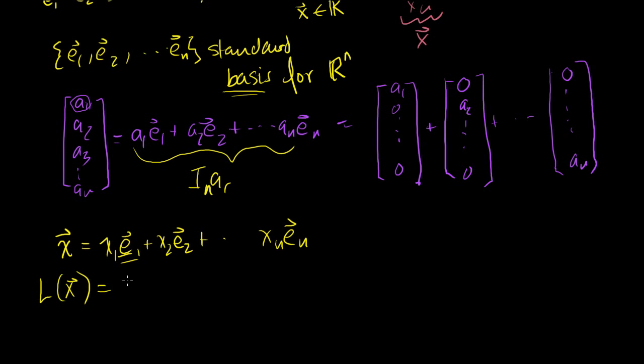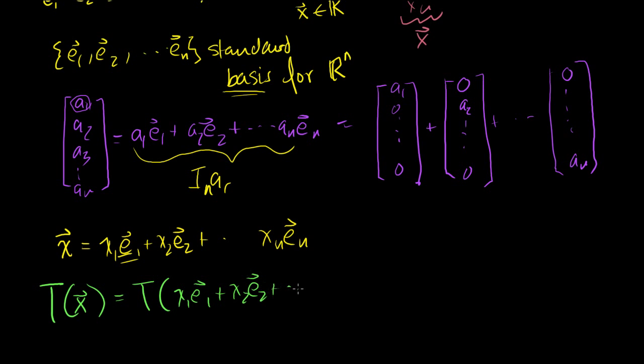Instead of using L, let me use T. I used L by accident because I was thinking linear. But if I were to take the linear transformation of x, because that's the notation we're used to, that's the same thing as taking a linear transformation of this thing. They're equivalent. So x1 times e1 plus x2 times e2, all the way to plus xn times en. It's equivalent statements.